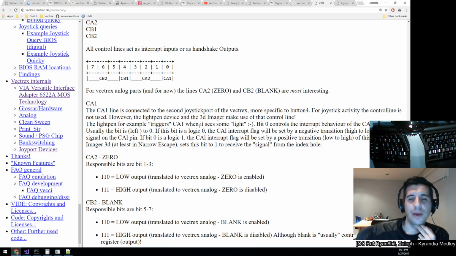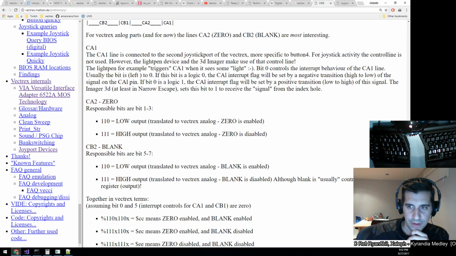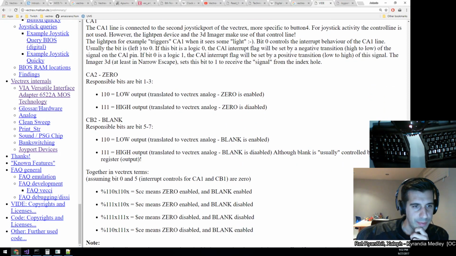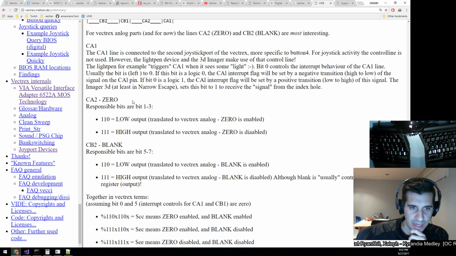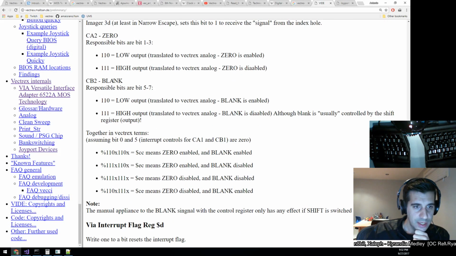So the light pen, okay, well, don't care too much right now about that, but eventually I might implement light pen functionality and all that. CA2 responsible bits. Yeah, did this already. CB2 responsible bits are bits 5 to 7.